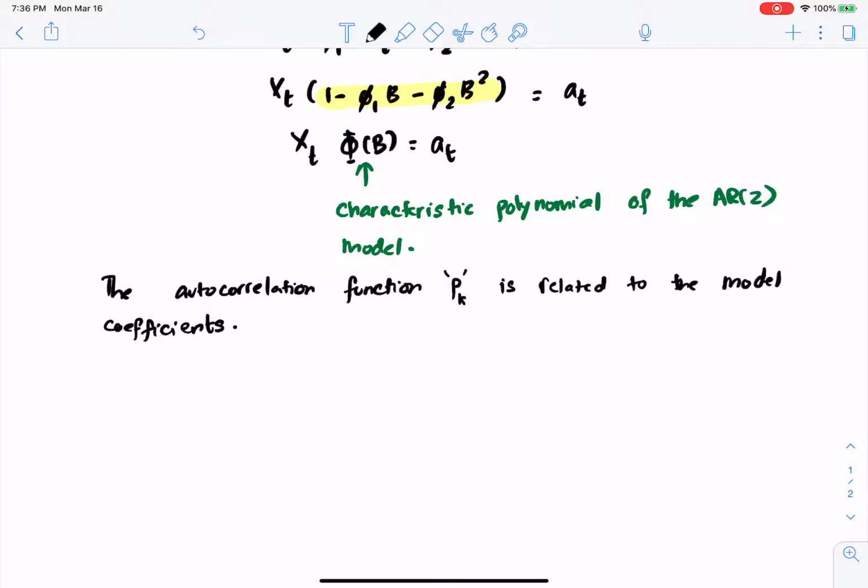So we have rho k equals phi1 rho_{k-1} plus phi2 rho_{k-2} plus phi3 rho_{k-3} plus dot dot dot phi_p rho_{k-p}.